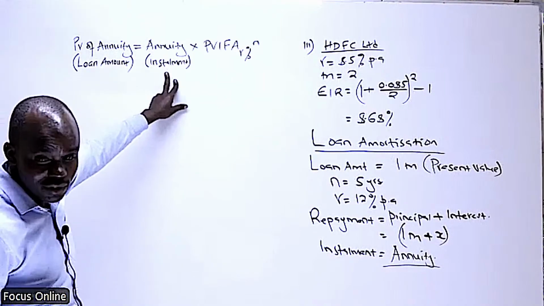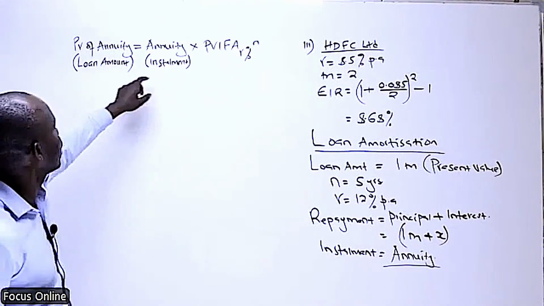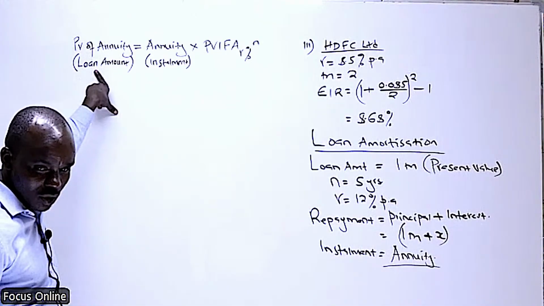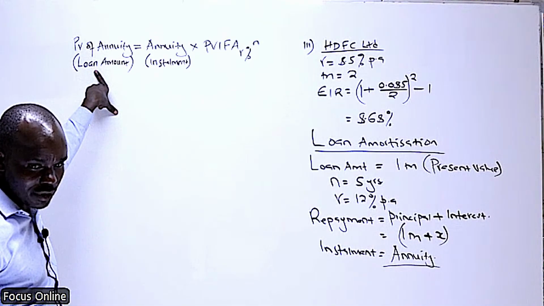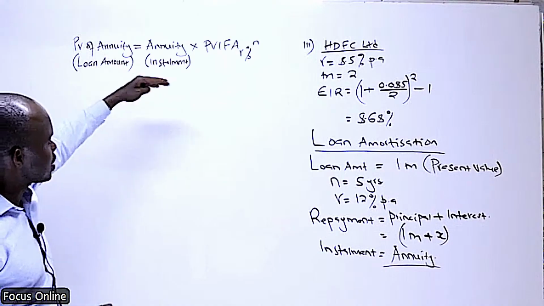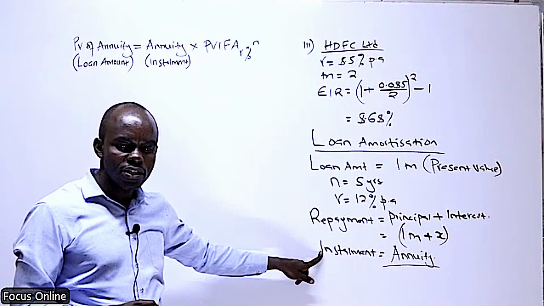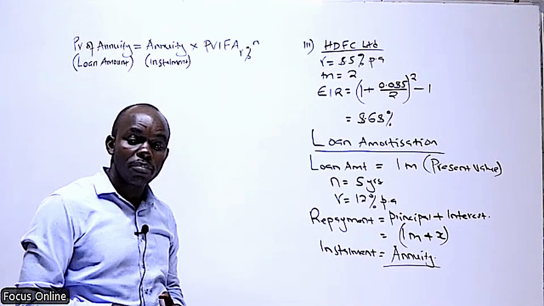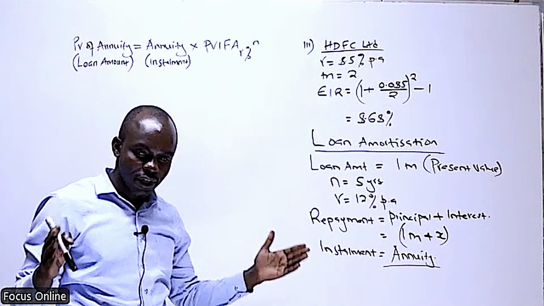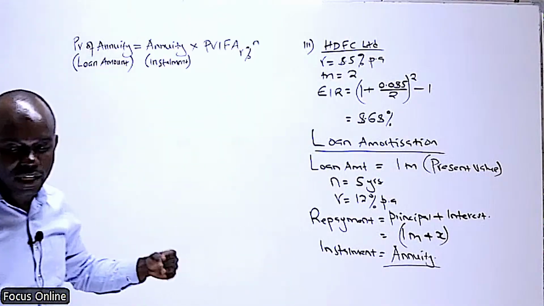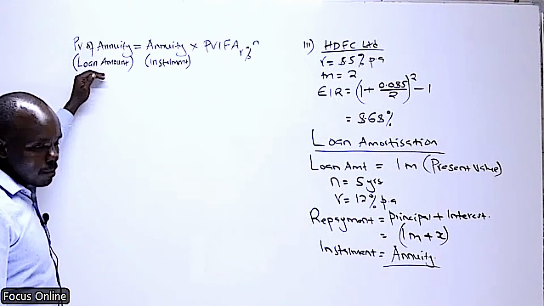The present value of the installments must be equal to the amount of the loan that you acquired. I don't know whether we are together. The present value of the total installments that you are paying within the repayment period must be equal to the loan amount.